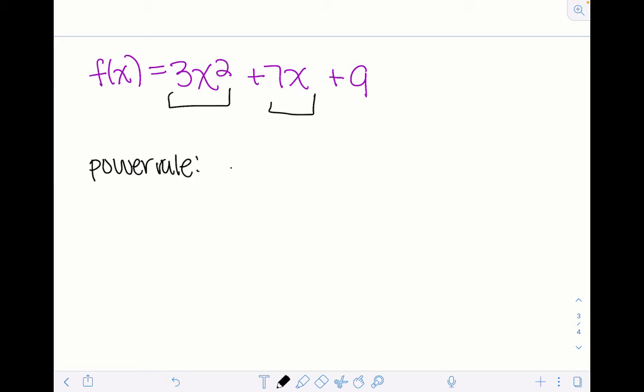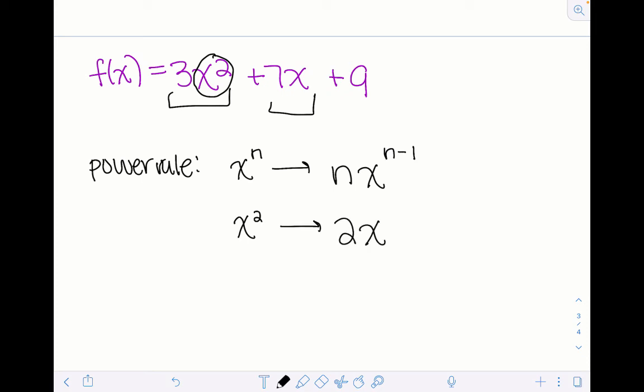which is that if you have something like x to a power, the derivative is actually to bring that down, and then the exponent gets reduced by 1. So if we just looked at x squared, for example, what that means is that the derivative would be 2x, and then now the exponent would become 2 minus 1.